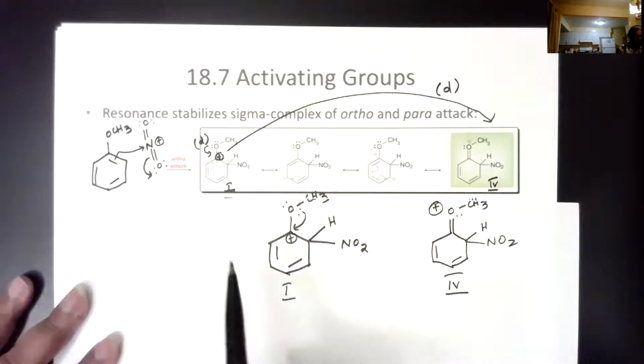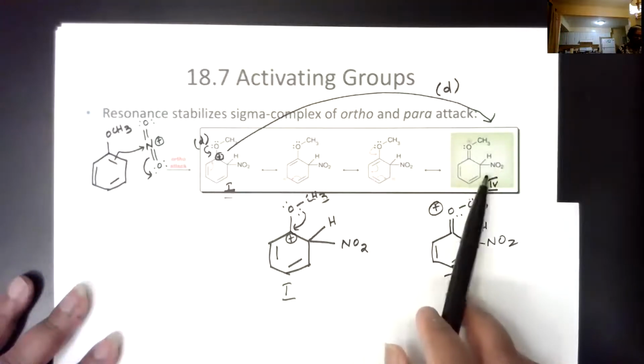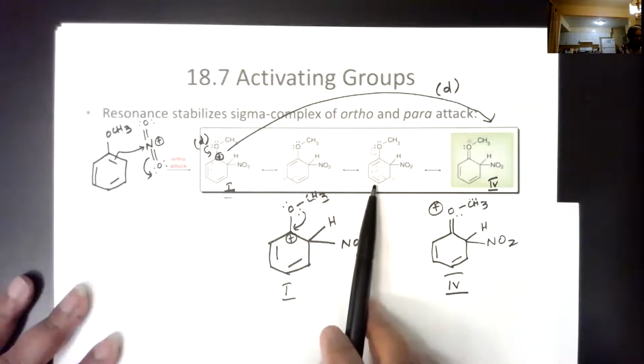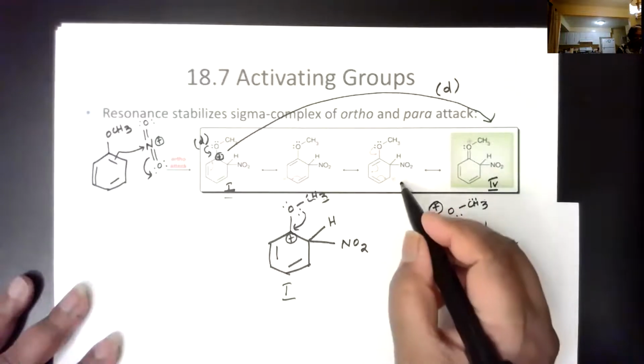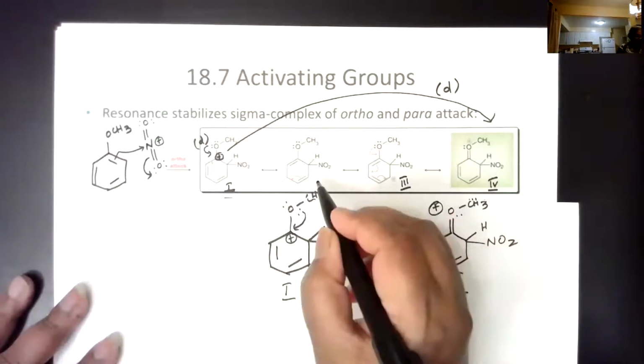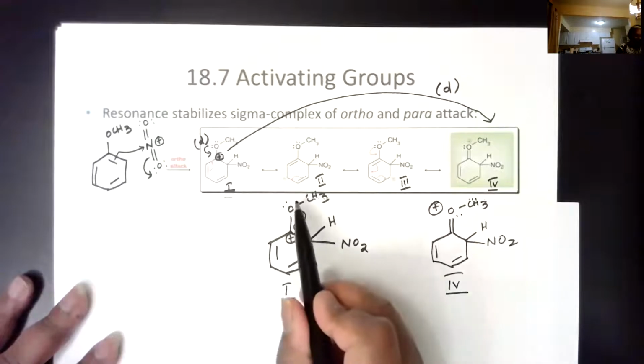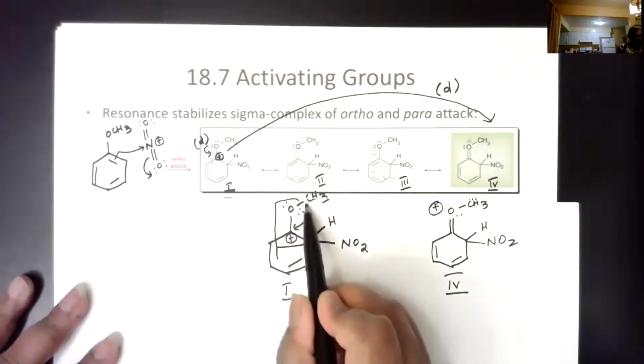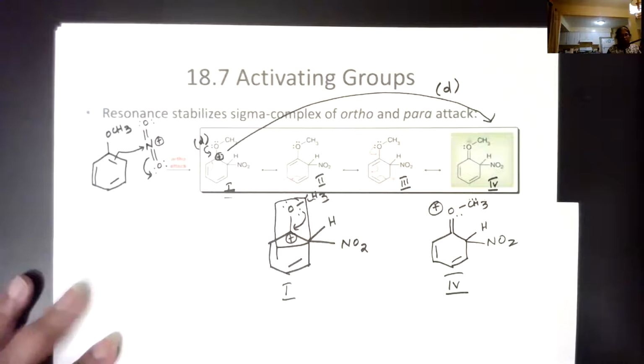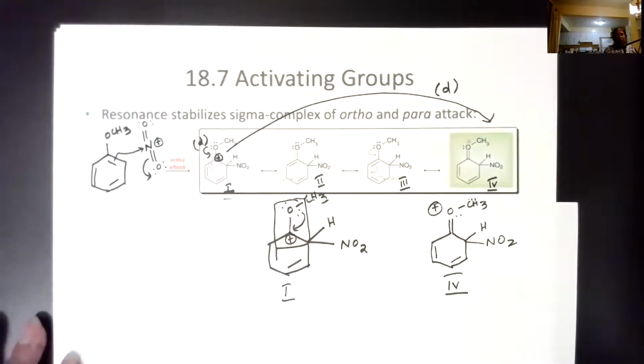And so you can show it going directly from 1 to 4, or like they have shown it here, you can also show it going from 3 to 4. But all in all, you have a fourth structure, and that's possible only because your positive charge is adjacent to the oxygen with the lone pair. Or if you have nitrogen with a lone pair, the same thing will happen.